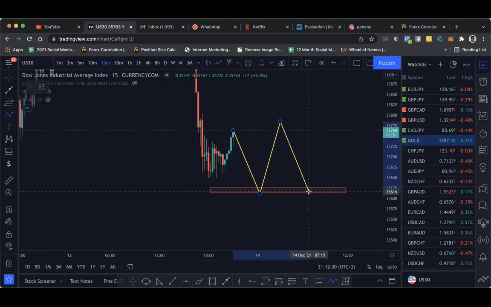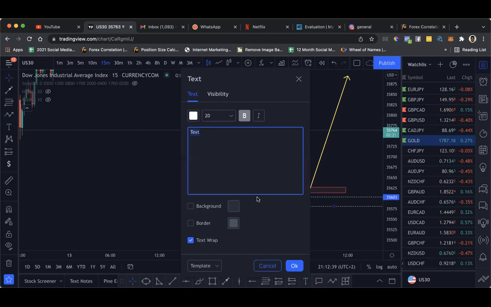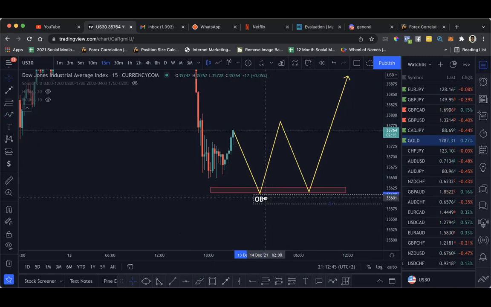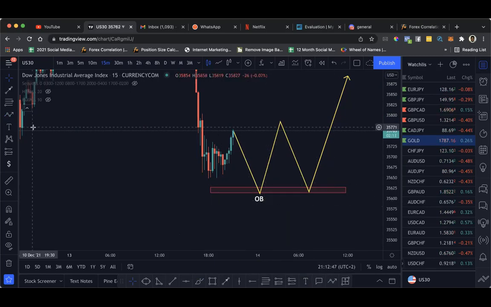So we buy for the continuation to the upside. So this move will now be the other block. Okay, over here will be the entry.